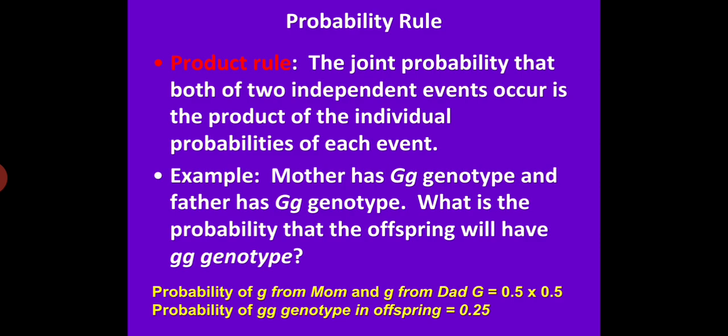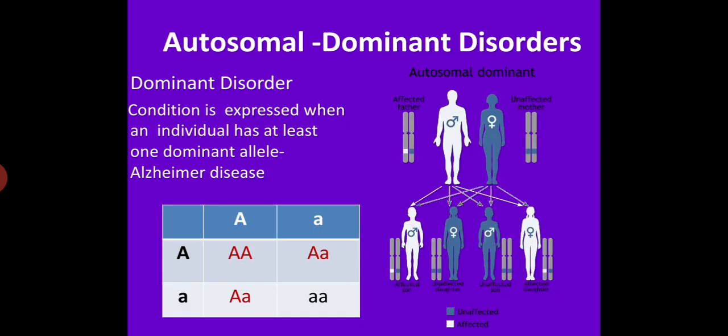The probability of small g from the mom and small g from the dad is 0.5 times 0.5. The probability of the small g genotype in the offspring is 0.25.